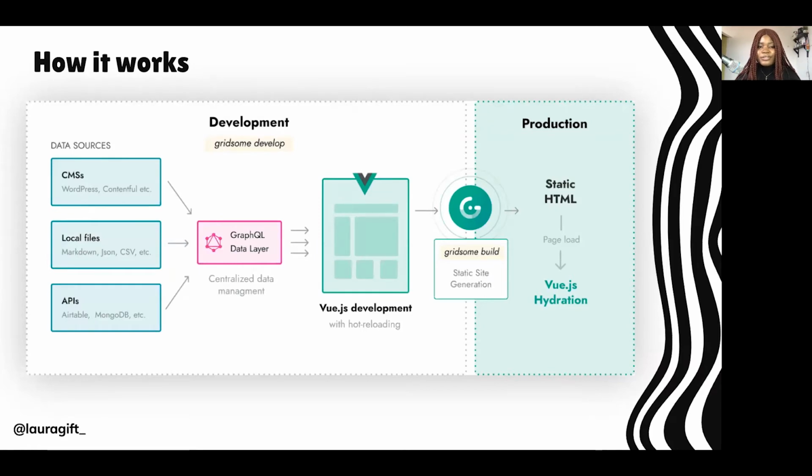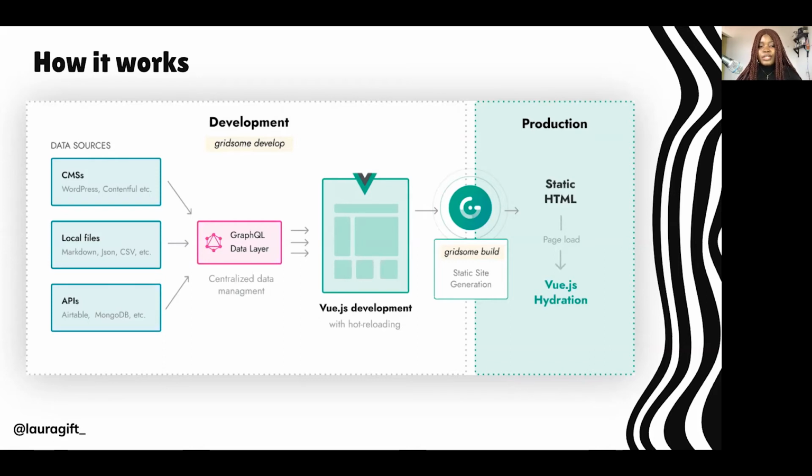In the background, Gridsome has two different ways that you can run it, either in development or in production mode. Gridsome has a centralized data layer. This is where all the data is being managed, and data can be pulled from different sources. So you can pull data from your local files, say Markdown or JSON files.